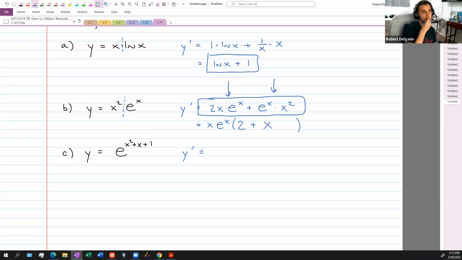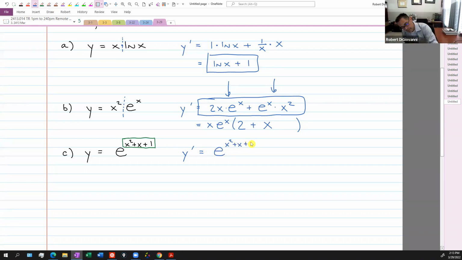Okay, so you're treating it like, what rule are you using then? Chain rule. Okay, so what Robert's seeing is you basically have e raised to this big clump of stuff, right? E to something. And taking the derivative of e to something, Robert's saying it's what? The same thing. The same e to the x squared plus x plus 1.